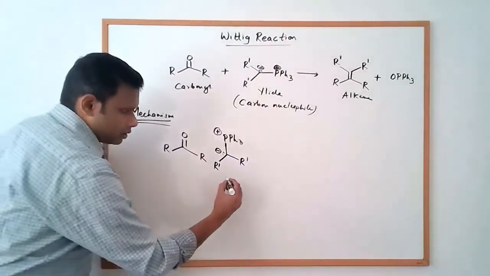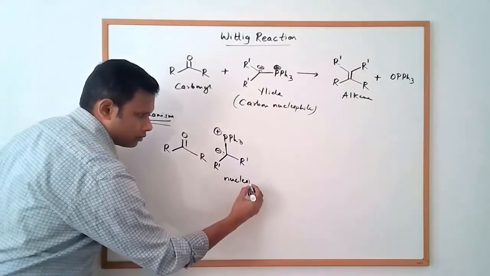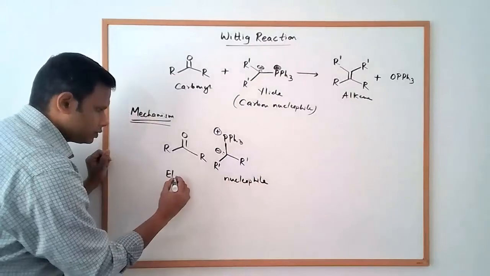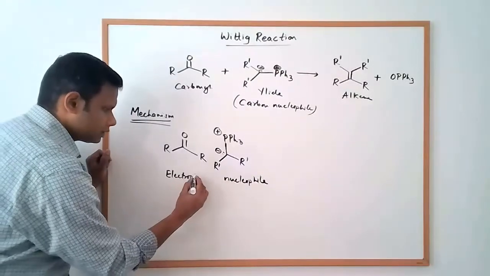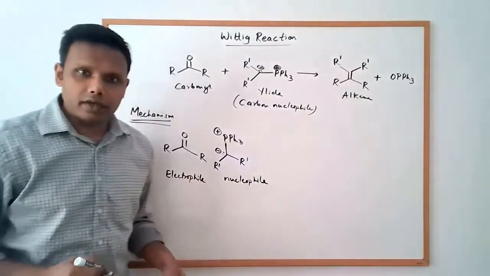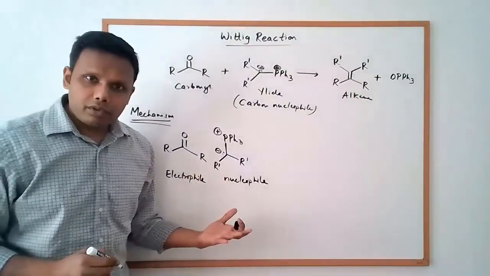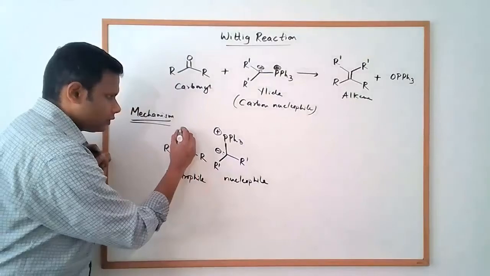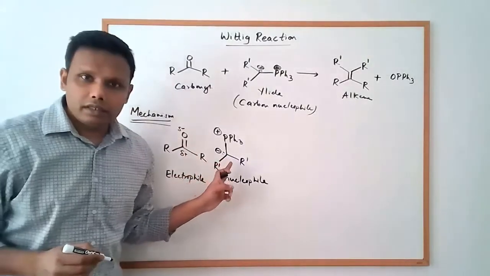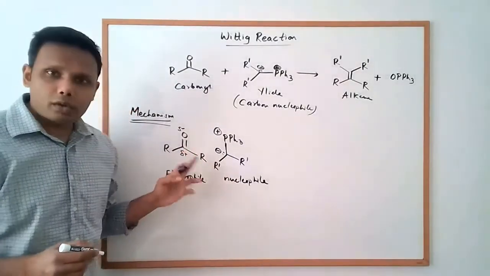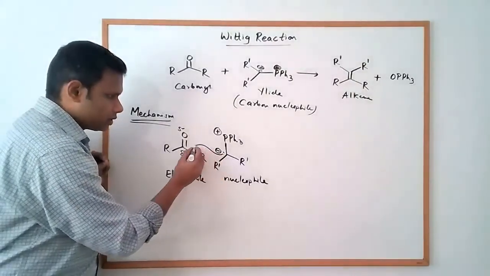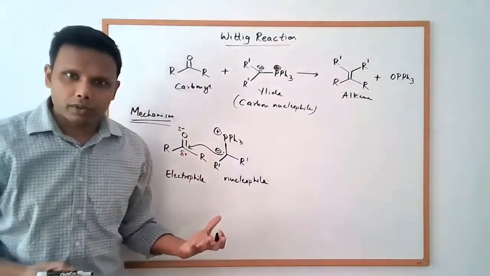Since this is the nucleophile and carbonyl compounds behave as electrophiles, the first step here involves the attack of that ylid carbon on the carbonyl carbon. The nucleophilic carbon goes and attacks the electrophilic carbon.